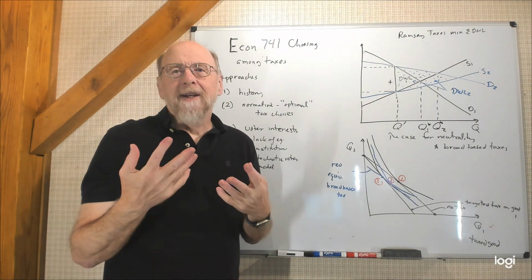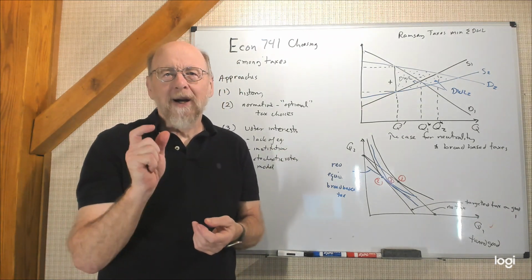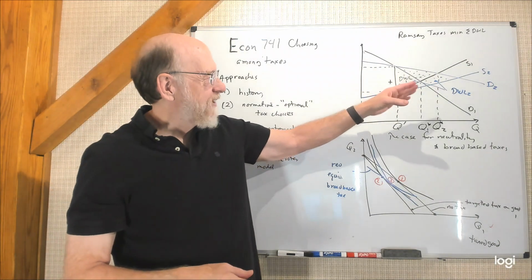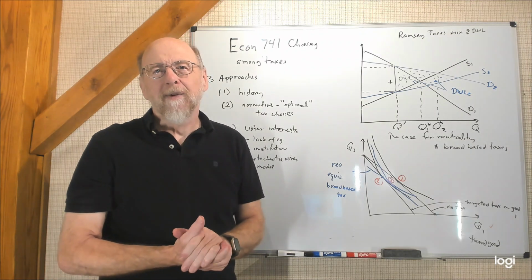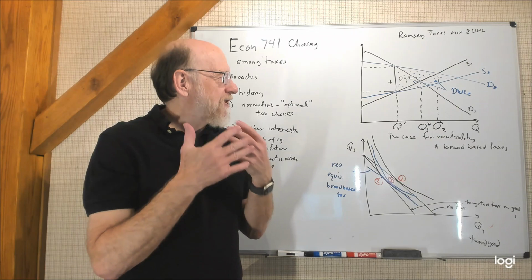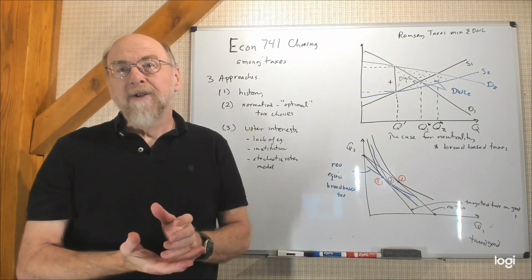So the Ramsay idea is you want to assign taxes in a way that minimizes deadweight loss. And so if you're choosing whether to tax market 1 or market 2, you would tax market 1 using the Ramsay criteria, right, rather than market 2, because you have a much larger deadweight loss, a much larger tax burden associated with market 2 than with market 1.